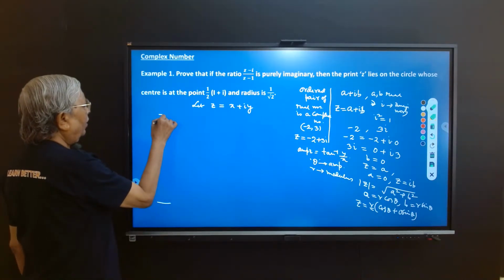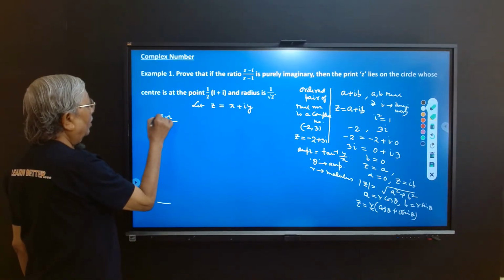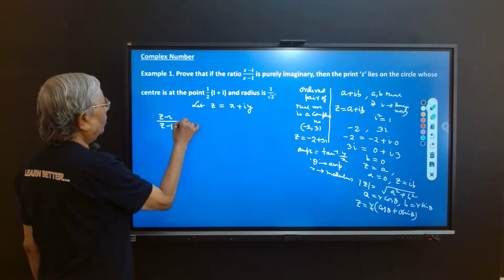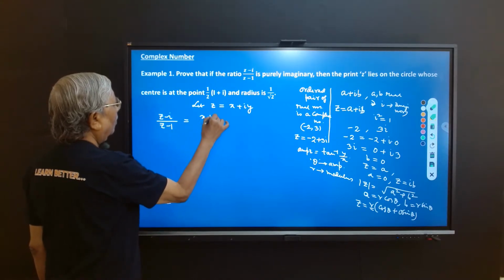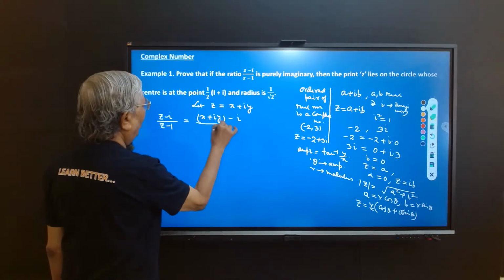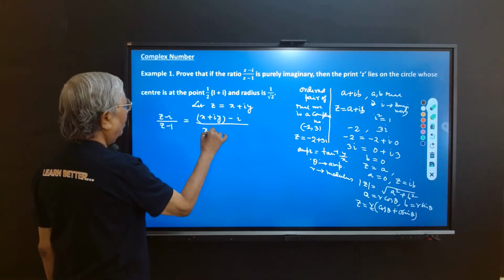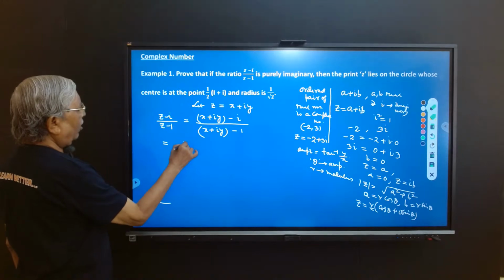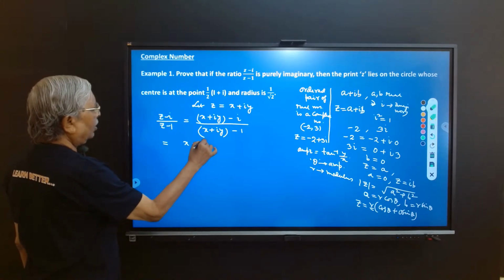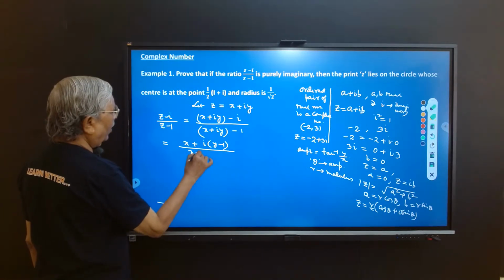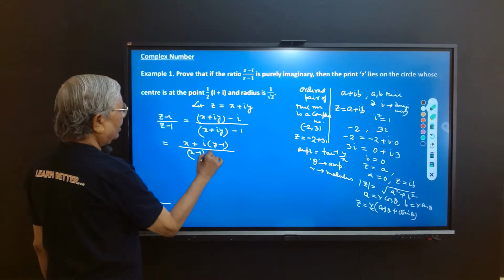Now simplify it. (z minus i) by (z minus 1) is equal to (x plus iy minus i) by (x plus iy minus 1). The real part is x, the imaginary part is i into (y minus 1), and the denominator is (x minus 1) plus iy.